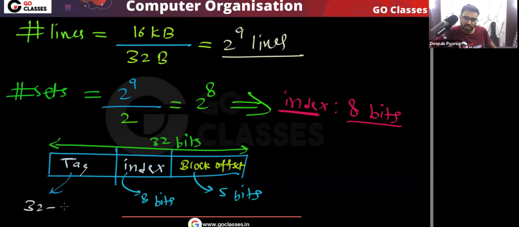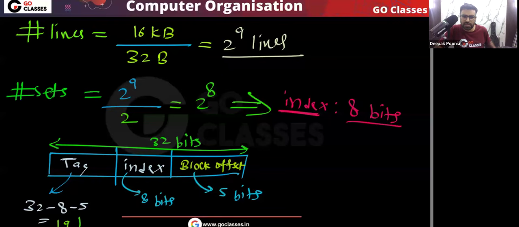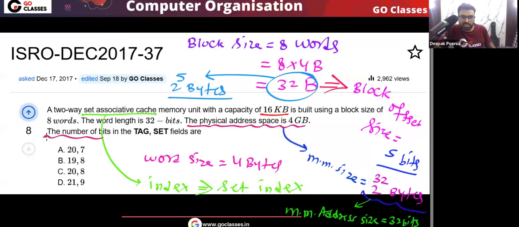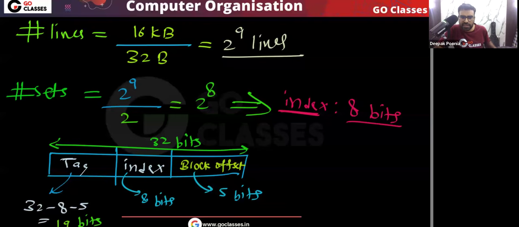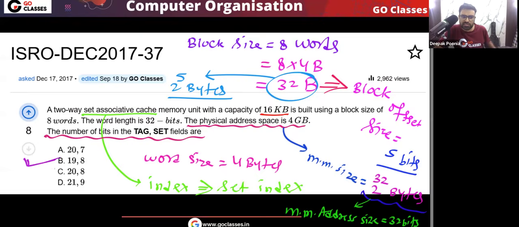That will be 32 minus 8 minus 5, which is 19. Correct? 19 bits. That's it. So our answer is the number of bits in the tag and set fields: in the tag field we need 19 bits, and in the set field we need 8 bits. So for this question the answer will be option B.